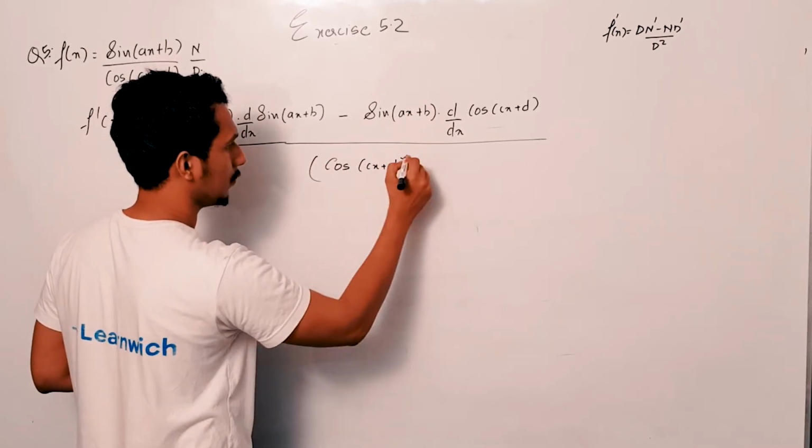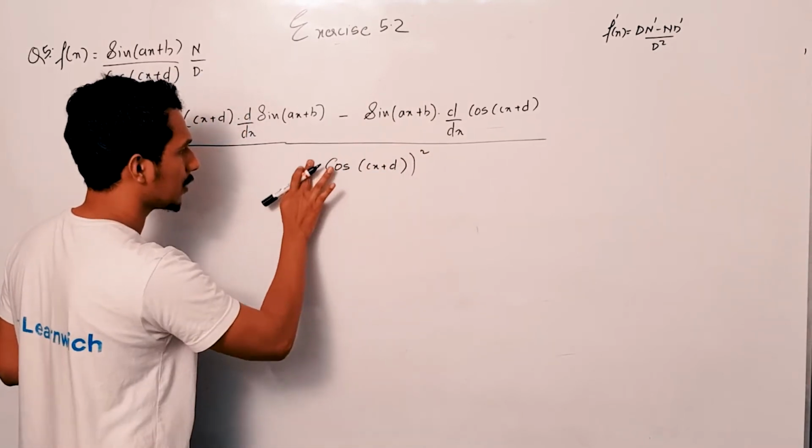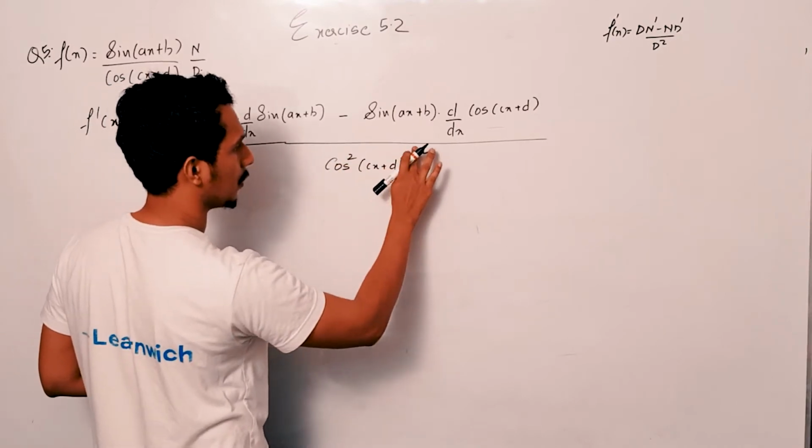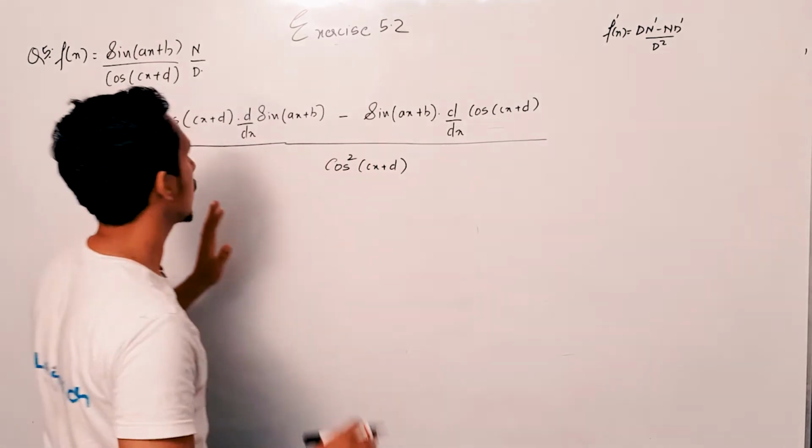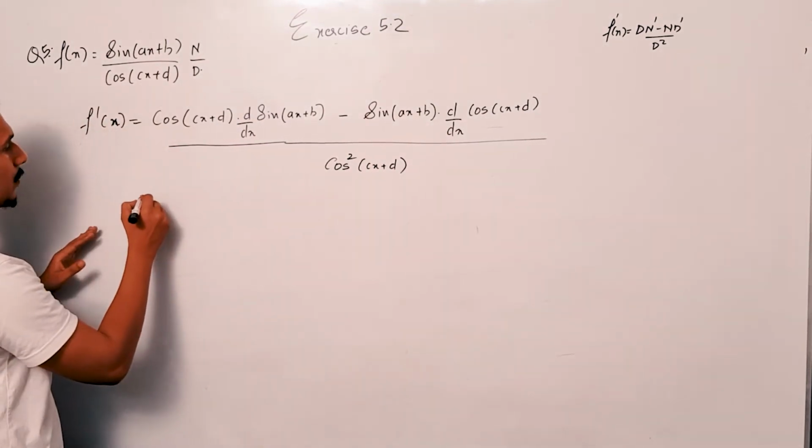For ease of writing, you can simply write it as cos square cx plus d. There is no derivative or anything, it's just simply square.